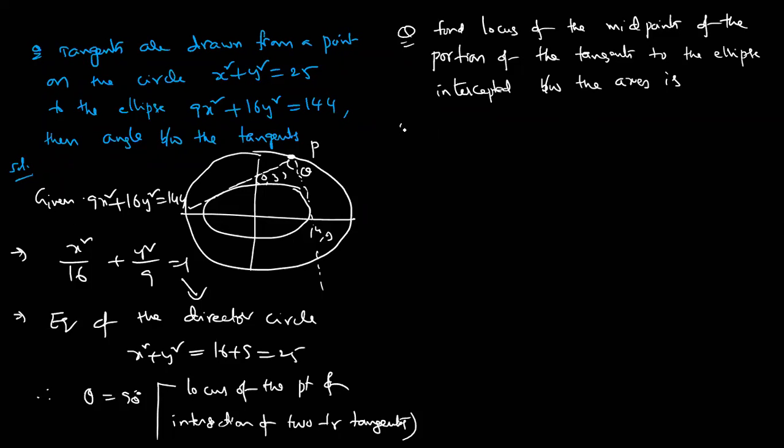What is the answer? Anyone? Find the locus of the midpoints of the portion of the tangents to the ellipse intercepted between the axes. In this case, if they are not giving any equation, then you should take the standard equation. Dear students, they are giving 4 options.